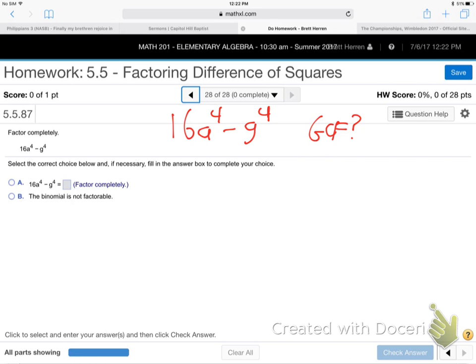Do they have anything in common? Do they have a GCF? No. 16a, g, no, there's nothing in common. No GCF. So that means go right to the 2 parentheses, right? No 1 parenthesis step. Go right to the 2. Take it from there.